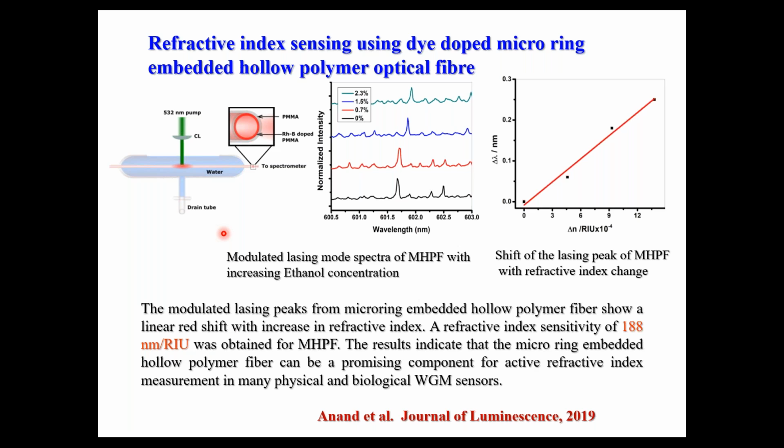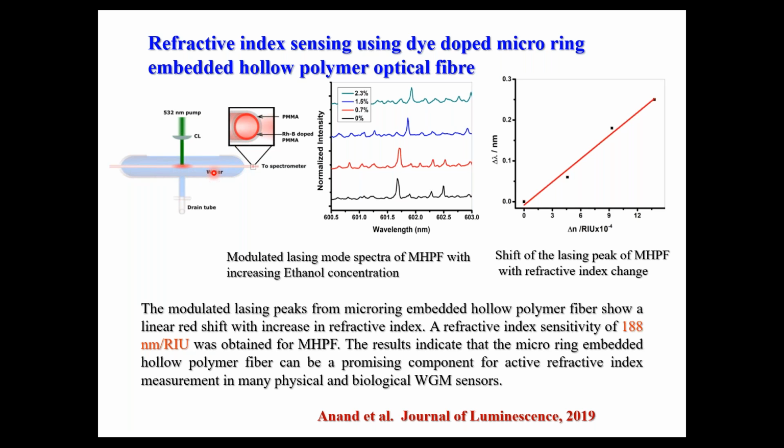As we mentioned earlier, in the case of a ytterbium doped silica hollow fiber, they were using it as a flow sensor, anemometry. But here we are using this hollow structure, which is a micro ring embedded structure, for refractive index sensing.